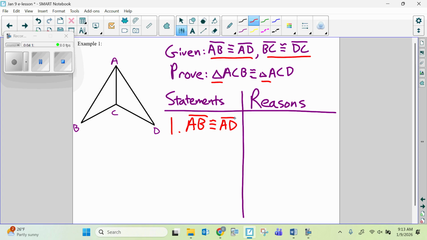So I'm going to make that statement. Anytime I make a statement, I better have a good reason for why I know it's true. The reason here is pretty obvious. I know that segment AB and segment AD are congruent to each other because that was given to me. So that's my reason. My reason is just, it was given. All I have to do is write the word given.